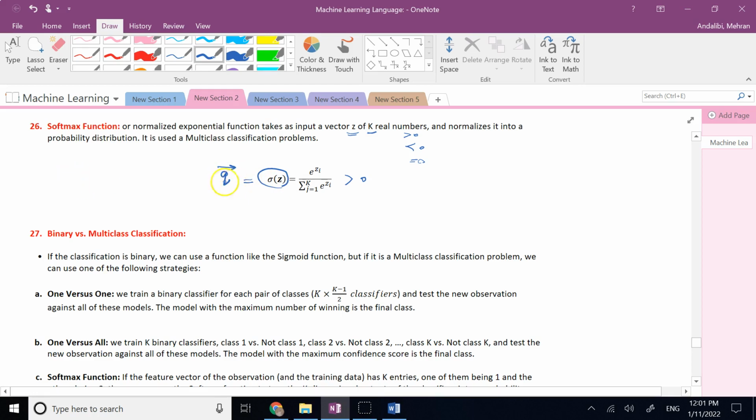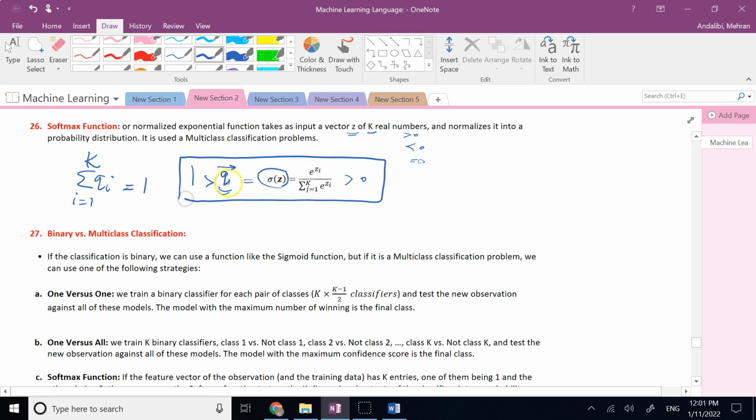if you look at the sum of the elements in q, the sum of these elements is equal to 1. So it converts a vector with any type of number in it into a new vector where, first of all, all of the numbers in it are bigger than 0 and they're all less than what? 1.